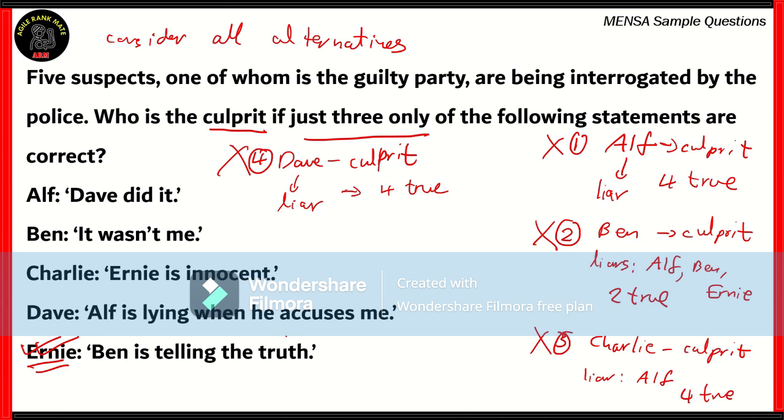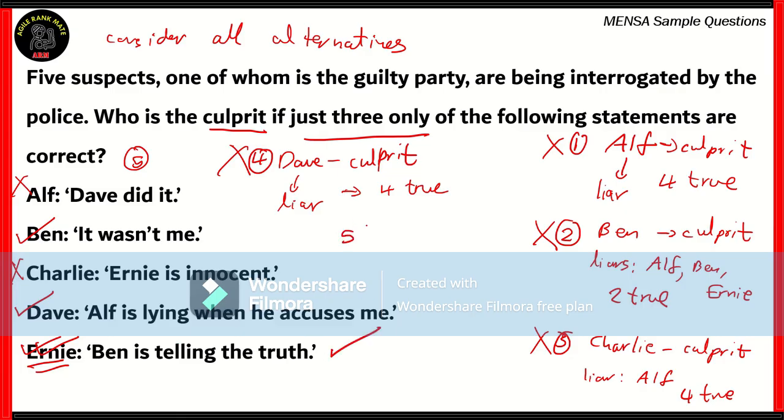Now let's consider if Ernie is the culprit. Now Alf's statement saying that Dave did it is wrong. Ben's statement saying that it wasn't me is a true statement. Charlie's statement also turns out to be incorrect because Ernie is the culprit and he's not innocent. Dave's accusation that Alf is lying is again true. And Ernie's statement that Ben is telling the truth is also true.